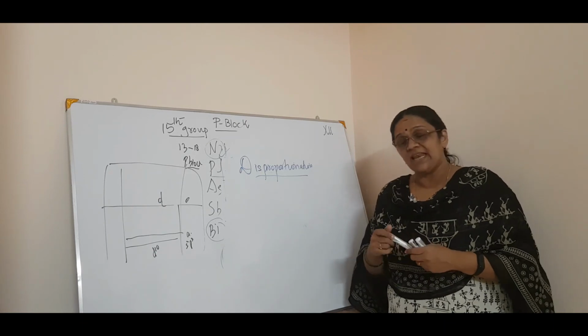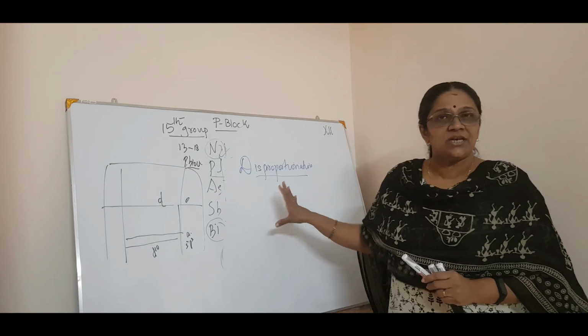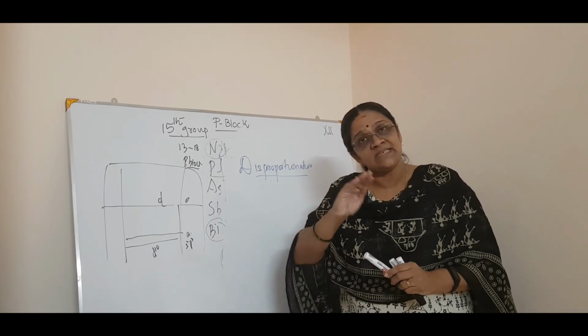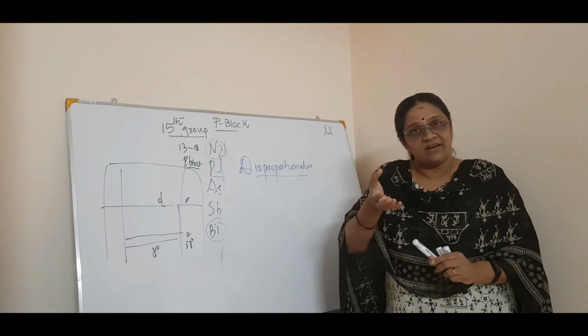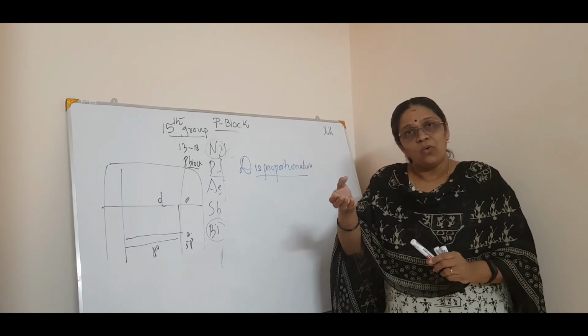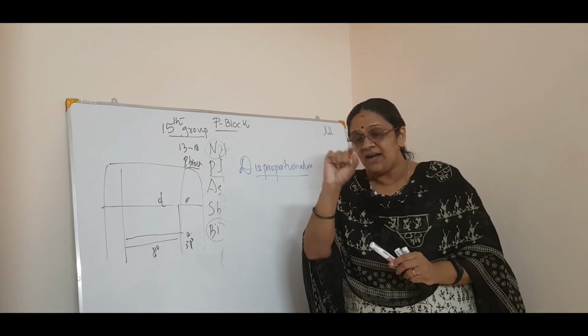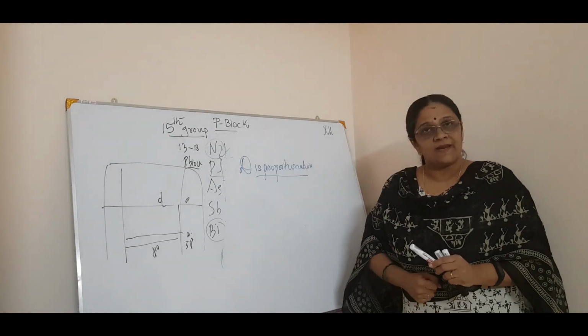The simple meaning is that it will undergo self-oxidation and reduction. That means nitrogen will undergo self-oxidation and reduction in a single reaction. That is called a disproportionation reaction.